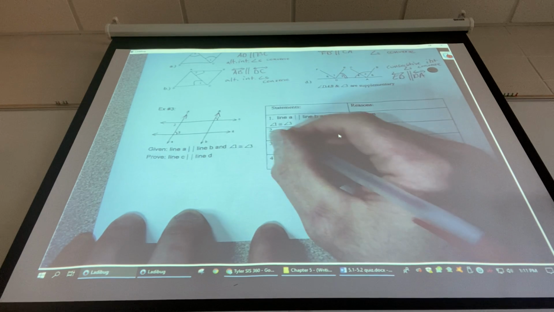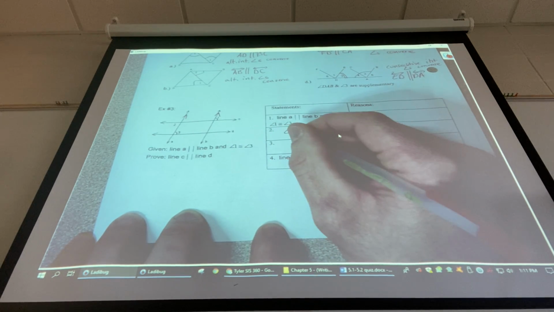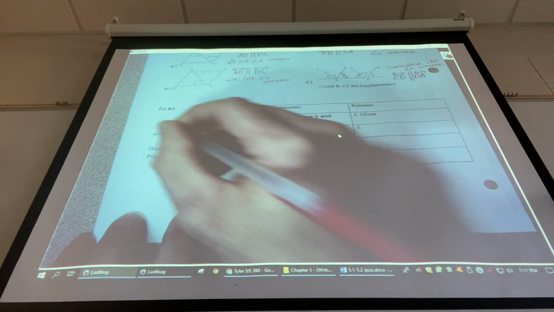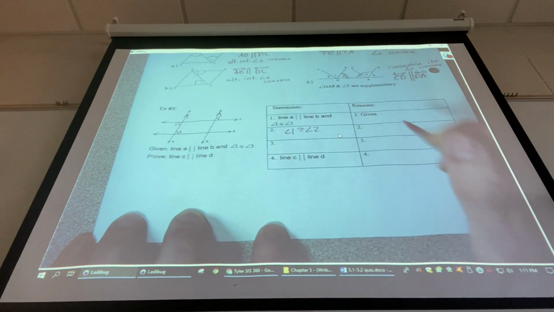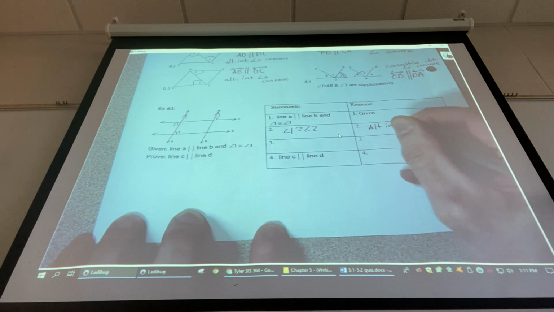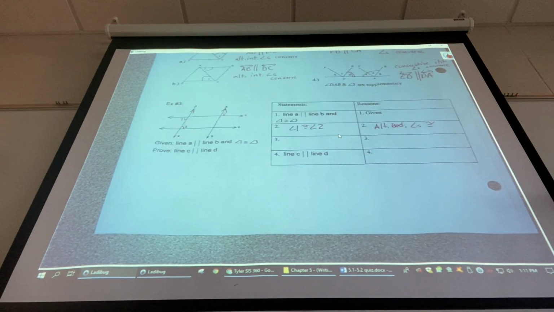Let's say that angle 1 is congruent to angle 2. I'll go ahead and mark it. And what was our reason again? Alternate exterior angles. Congruent, oh yeah, you can write theorem.